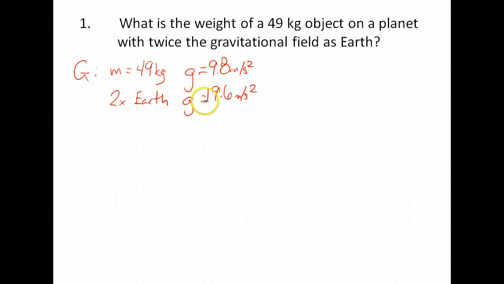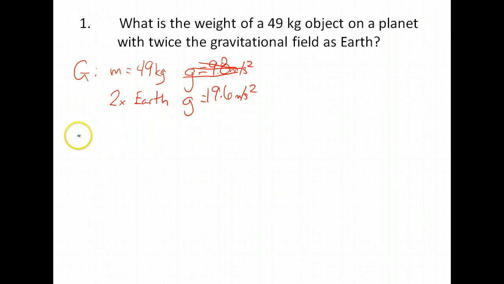So 2 times 9.8 would give us 19.6. So that is given to us. So I'm going to cross out this because this is for Earth. Okay, and we're actually not on Earth. We're on another planet that's 2 times Earth. So we've got that acceleration.